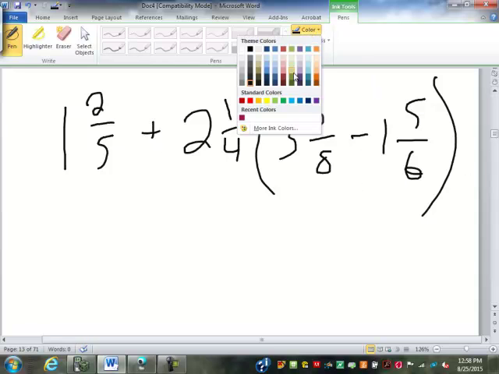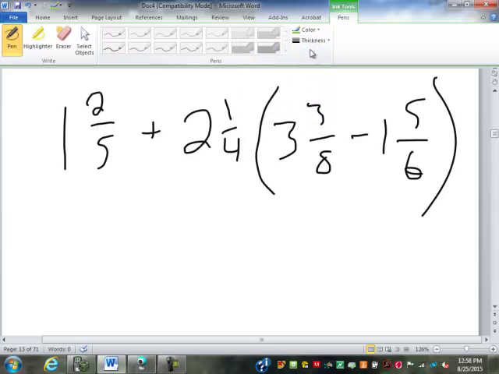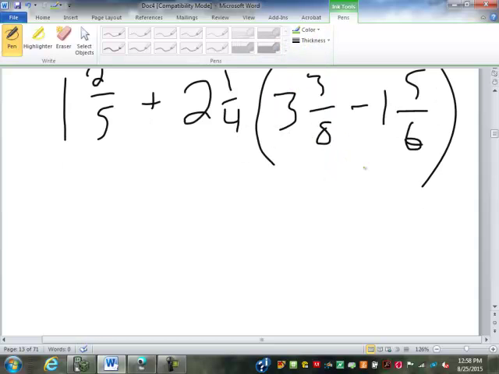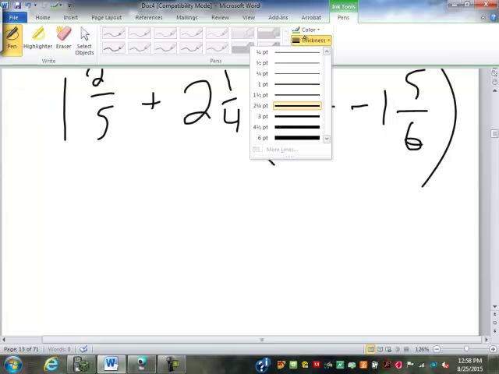I have to do the parentheses first. Okay, so in the parentheses we have 3 3/8 minus 1 1/2. Or sorry, 1 5/6. I'm sorry, I'm looking ahead of myself here. So we have the 3 3/8 minus 1 5/6. Let's do that.